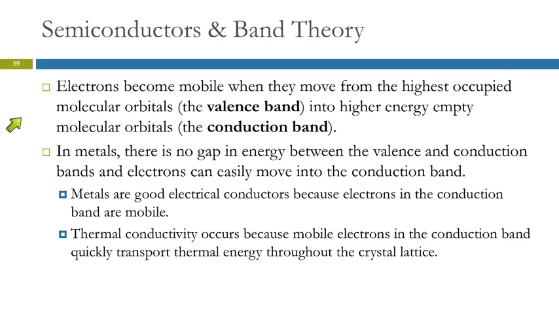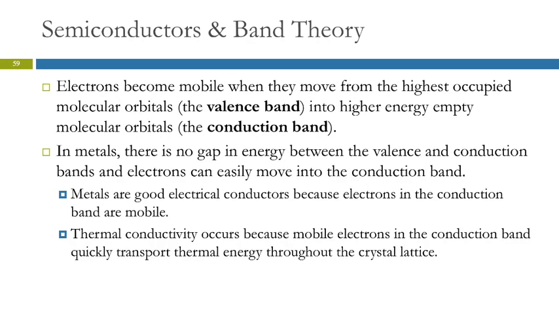Probably badly. So in metals, there's no gap in energy between the two bands. The electrons can easily move into the conduction band and shoot down the highway and go as far as they want. So that makes metals good conductors, because the electrons there in the conduction band can move. And this also explains thermal conductivity, or how metals conduct heat, because those mobile electrons can transport thermal energy from one part of the metal to another.